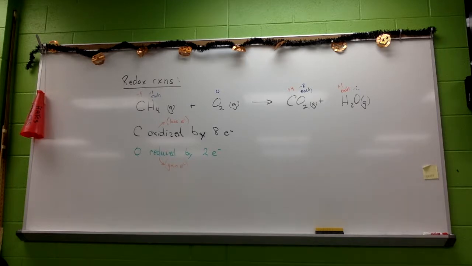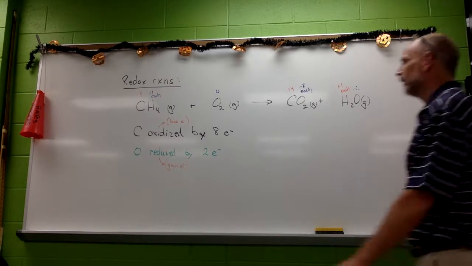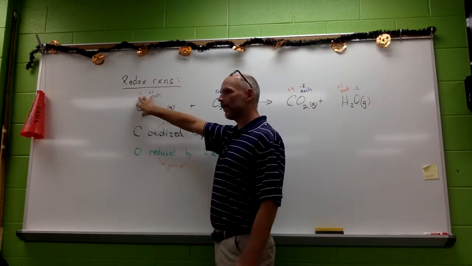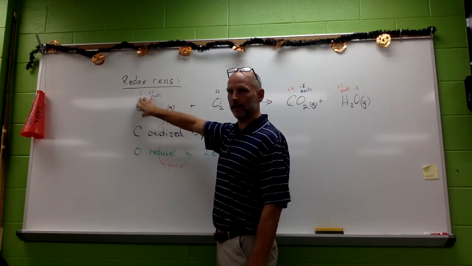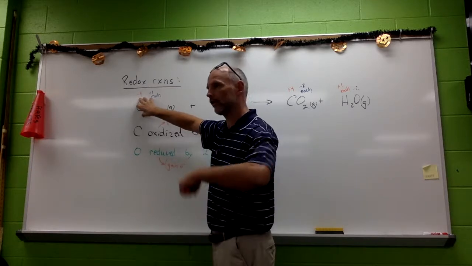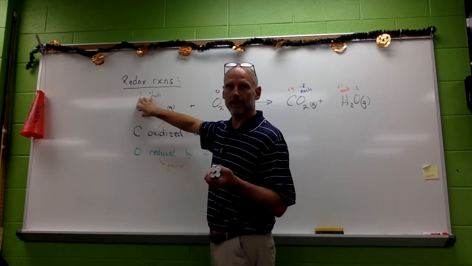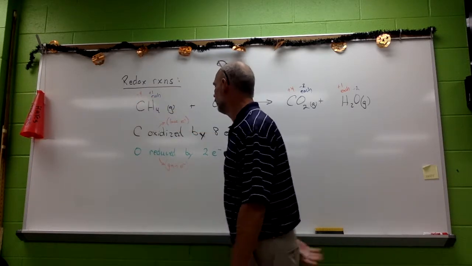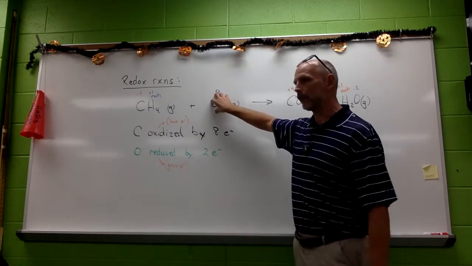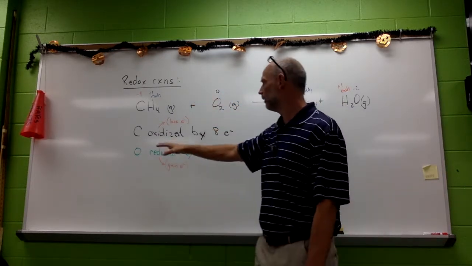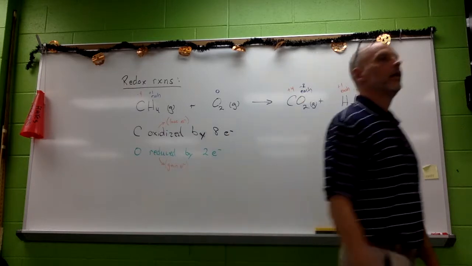Technically, it's not so much the carbon, it's the methane. The substance that has that element is the agent. So the methane is the reducing agent. The oxygen gas is the oxidizing agent.